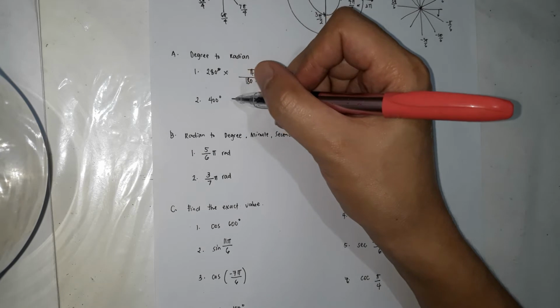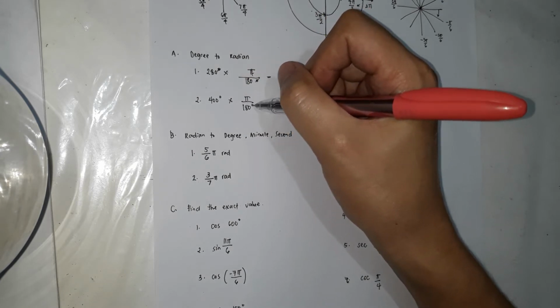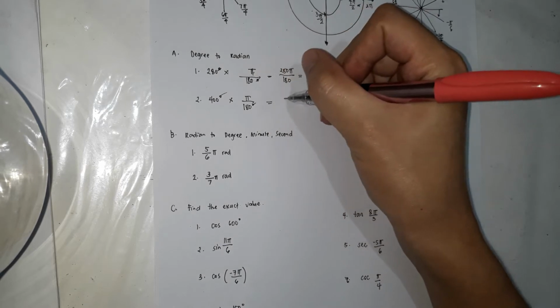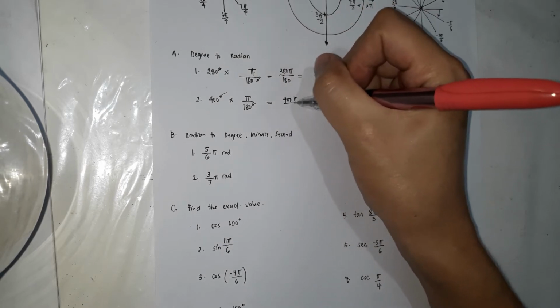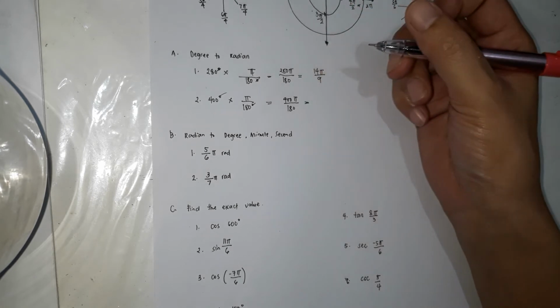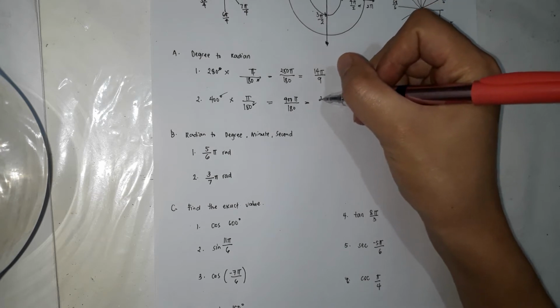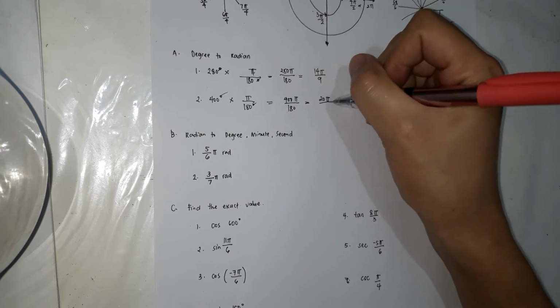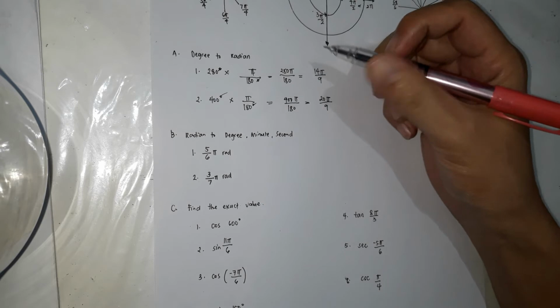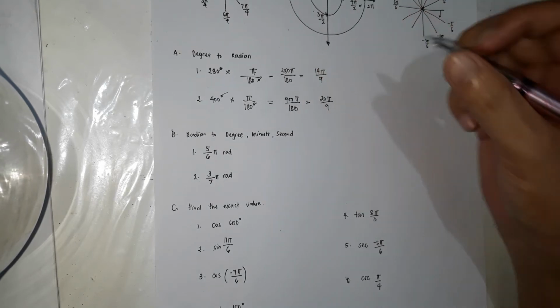For this one, 400 degrees times pi over 180 degrees, cancel the degree, will become 400 pi over 180. What's the greatest number? Simplify: divide this by 20. So 20 over 9.